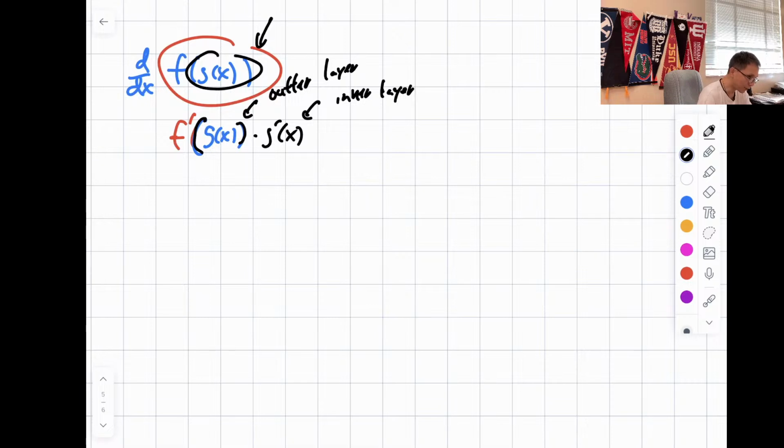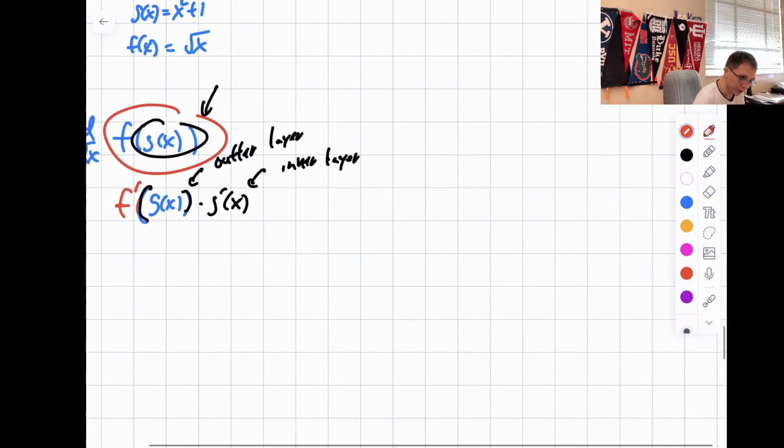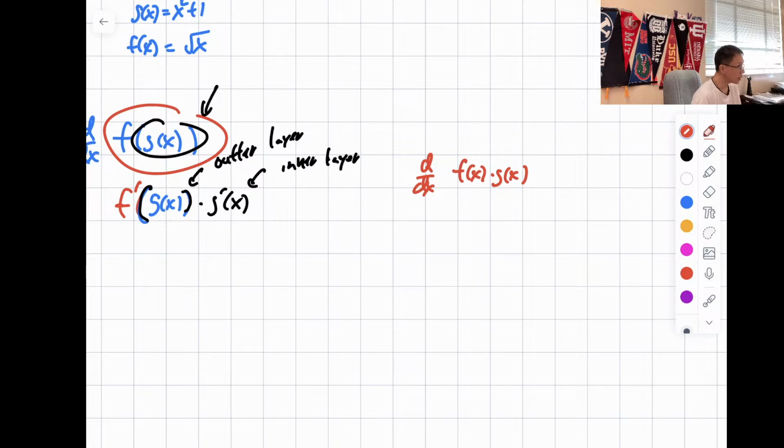So let's just say I take a derivative of this. But don't get confused between f of g of x and f of x times g of x. Let's talk about what we learned previously. We learned f of x times g of x. This is different. If I take a derivative of this, it's different than f of g of x.